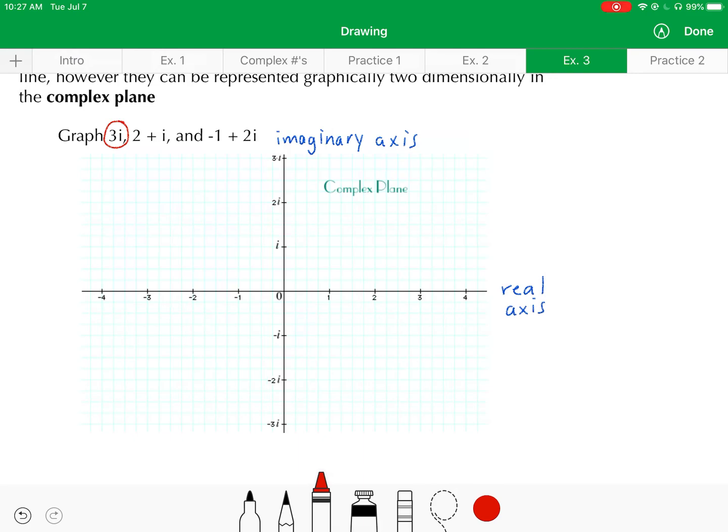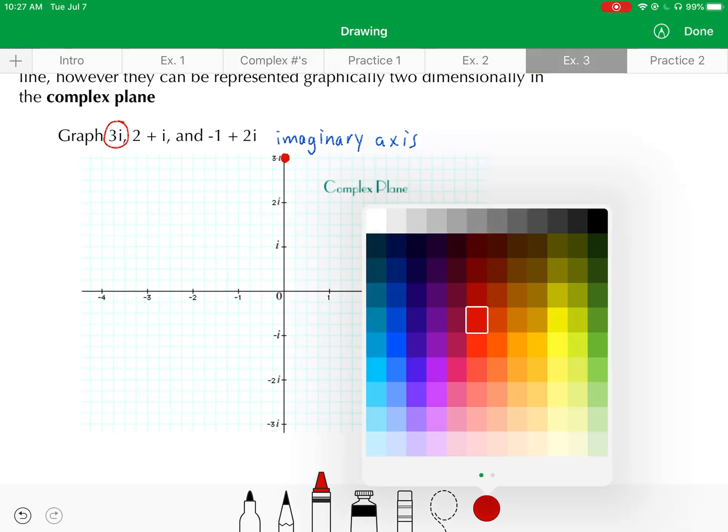It has a real number part of 0, so that means from the origin, you're not going to move left or right at all. You're simply just going to move 3 units up on that imaginary axis. So right here would be 3i, okay?